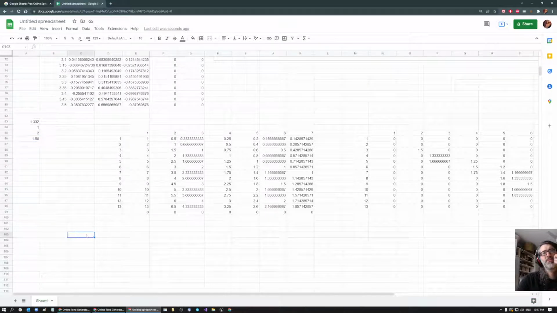So what we did is to just start with 1 and say equals 1, this number up top, and then just times 1.5. And that gives us another note that we like.